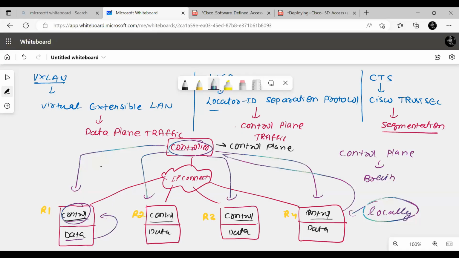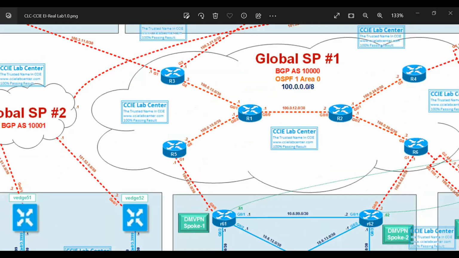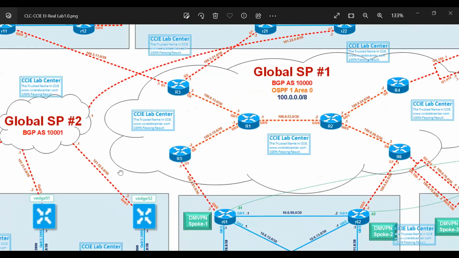Can you see the picture here? Wait a second. Yes, I can see the picture.